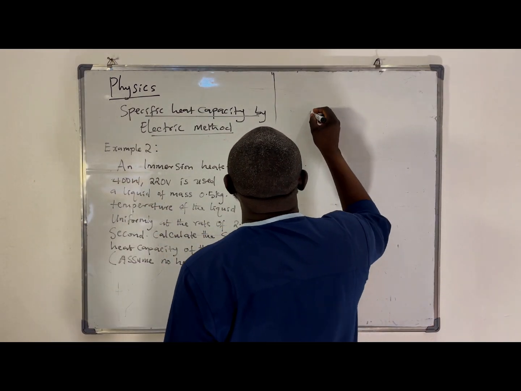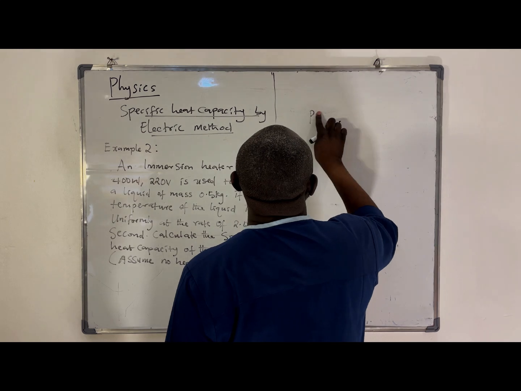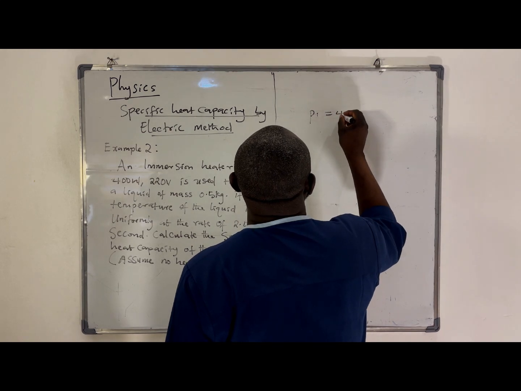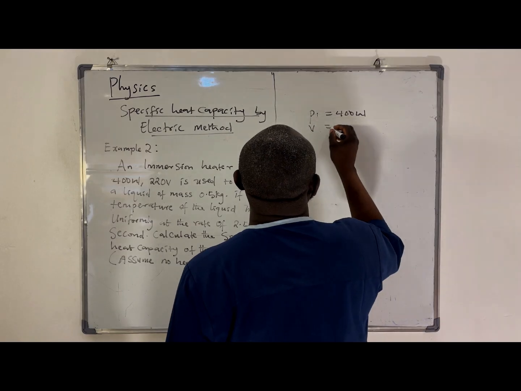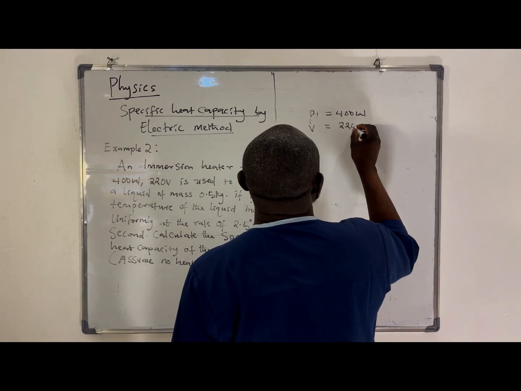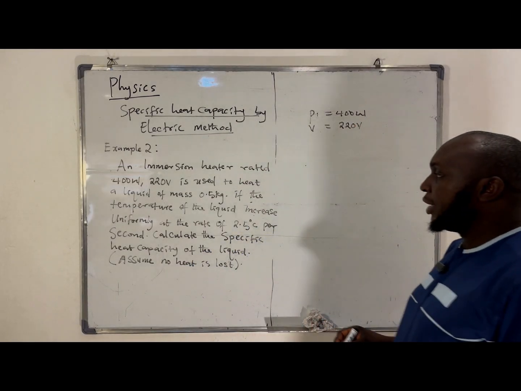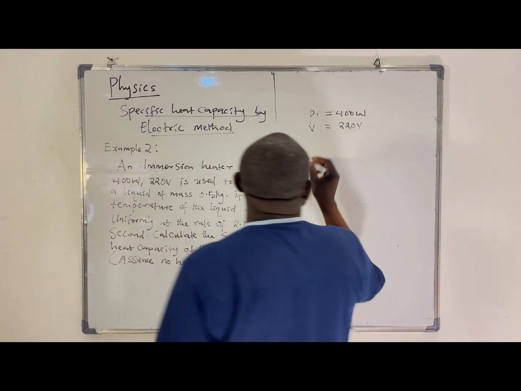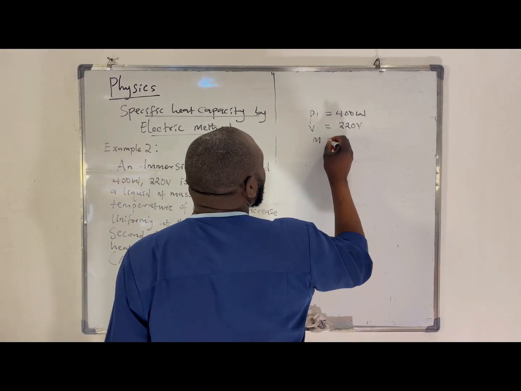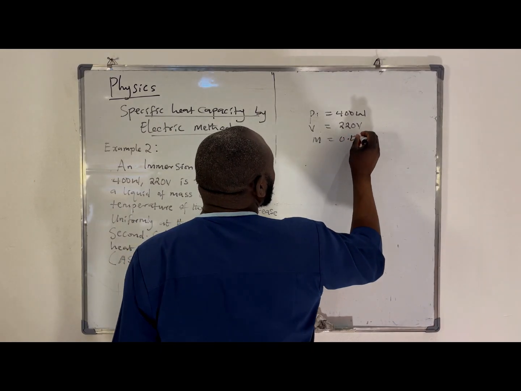We have power P, which is 400 watt. V is the voltage, which is 220 volt. It is used to heat a liquid, the mass of the liquid is 0.5 kg.